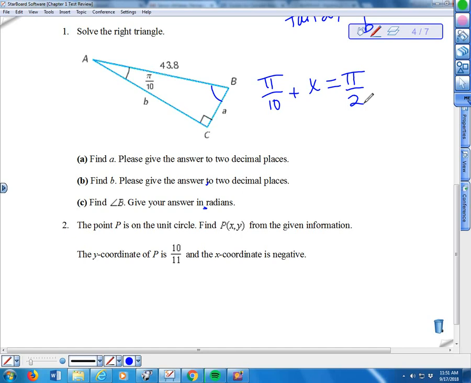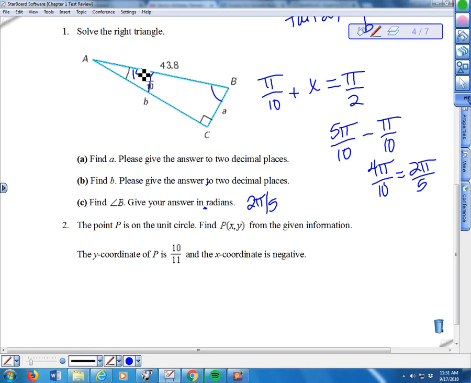So I'm going to take 5 pi over 10, sorry, minus pi over 10, and that's 4 pi over 10, which is 2 pi over 5. So this one is 2 pi over 5. Now that I've done that, I'm going to go ahead and convert this to 18 degrees, just to make my life a little easier.